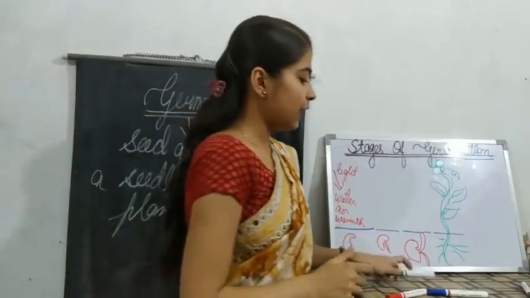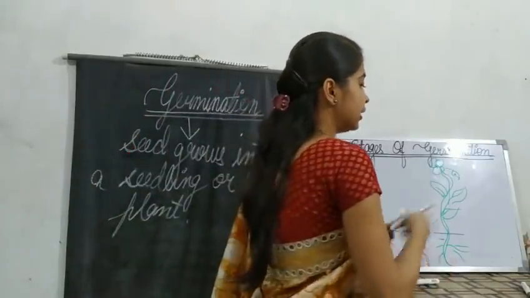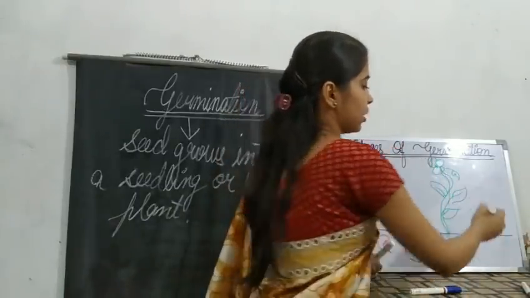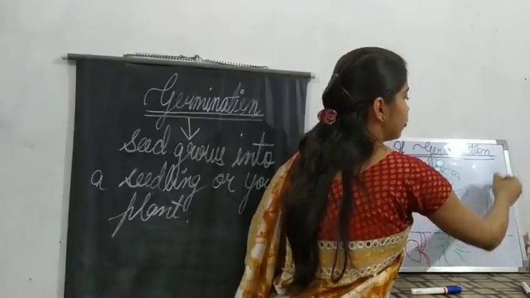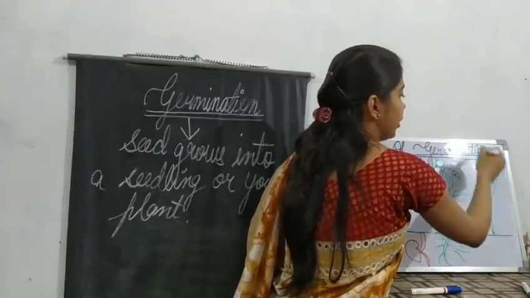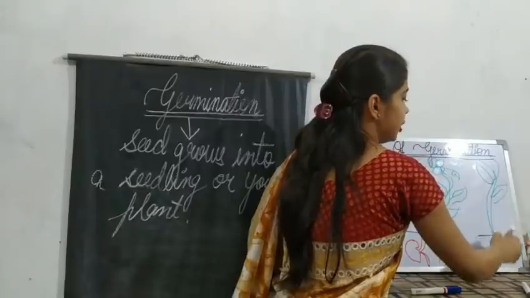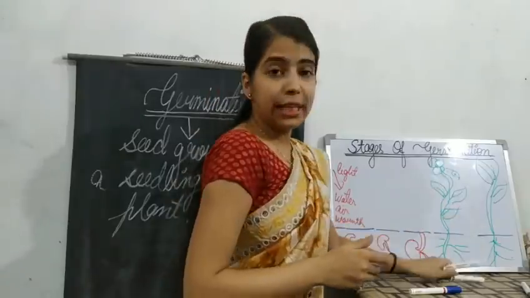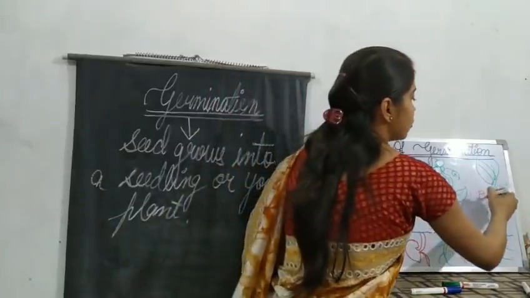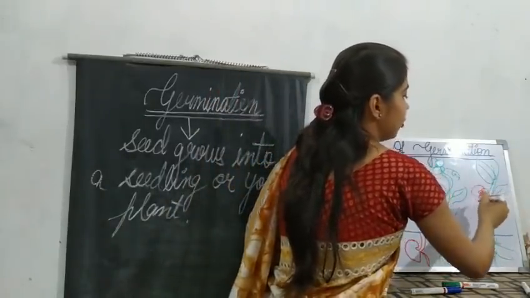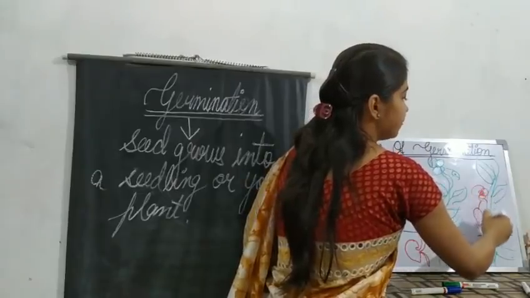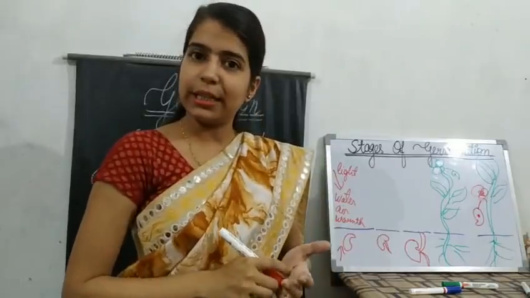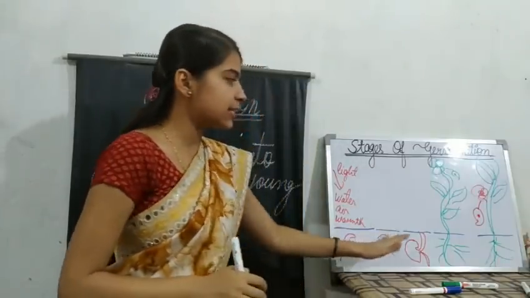And finally, you get to see that with time, this young plant that was coming out will grow into a complete tree, with a proper root system below, leaves on the top. Then it will also have flowers and fruits, and the fruits will have the seeds in them. Is it clear to you all? So these are the stages of germination.